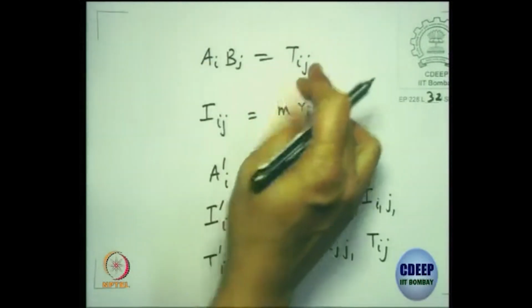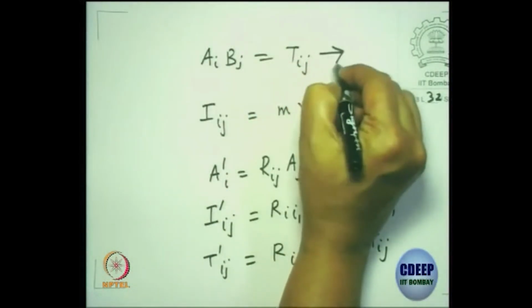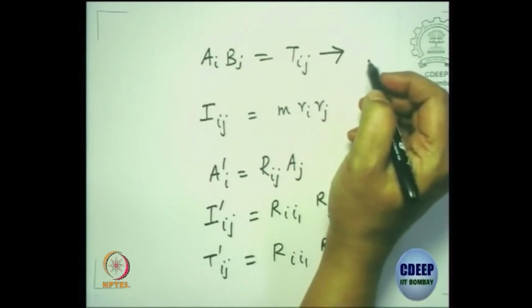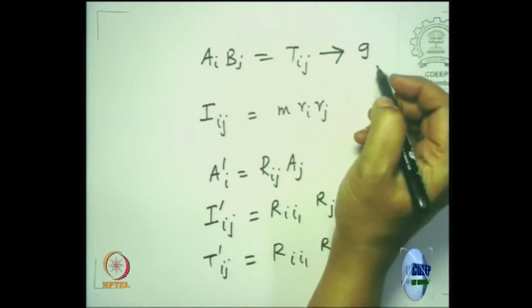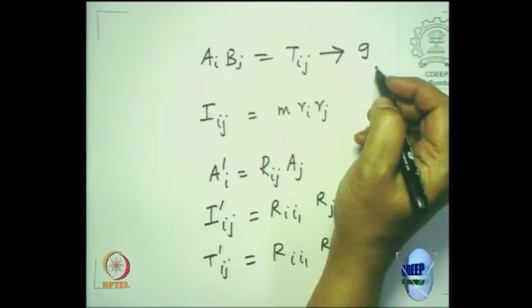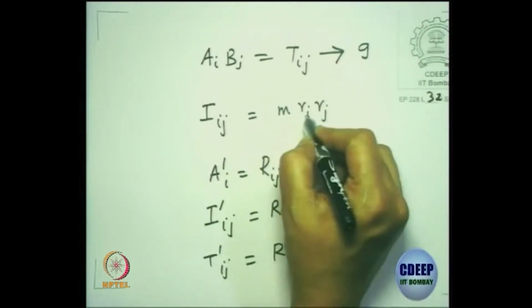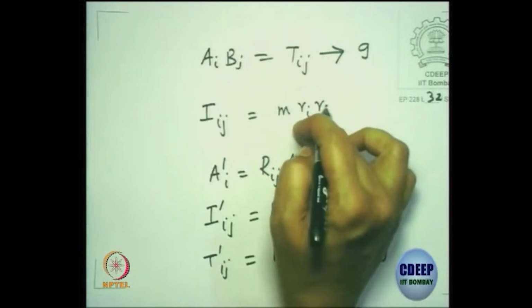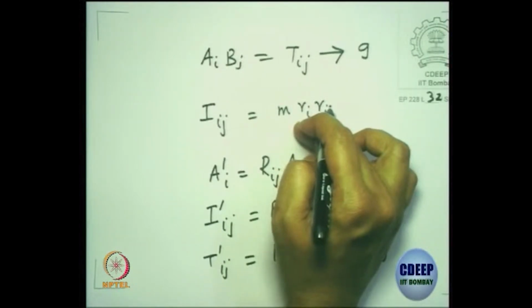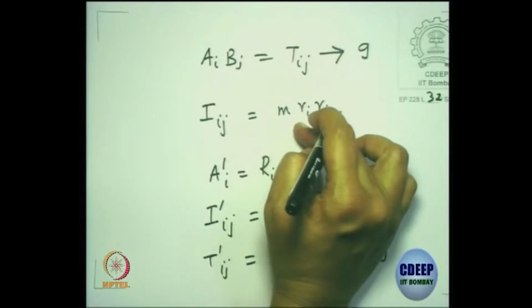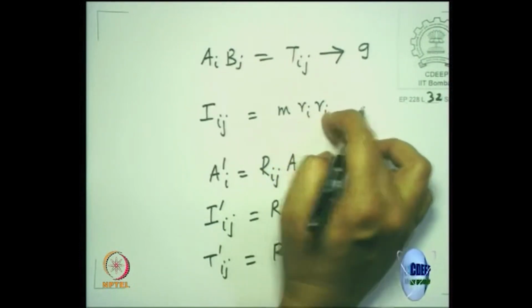How many elements are there in three dimensions? How many are there? 9. If I look at Ri as a vector operator, how many components does it have? 3 components. This is another vector with 3 components.